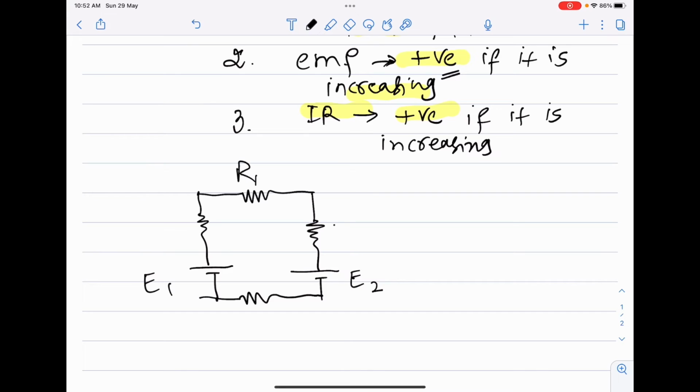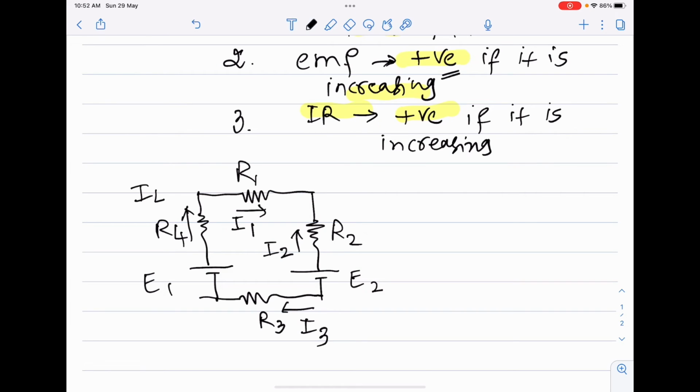These are the resistances R1, R2, R3 and R4. Suppose the current flowing through these resistances is I1, I2, I3 and I4 respectively. Now suppose our direction of tracing of the circuit is clockwise. So remember, we have taken the direction of tracing as clockwise.